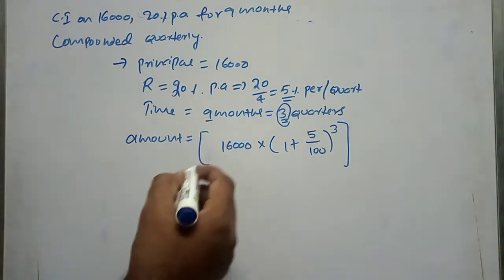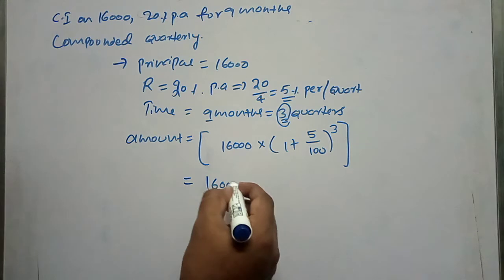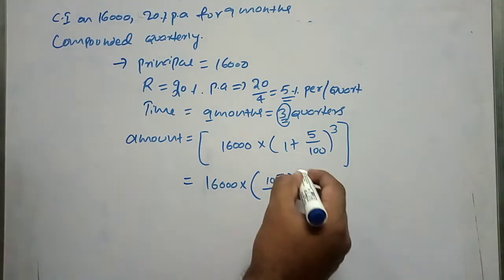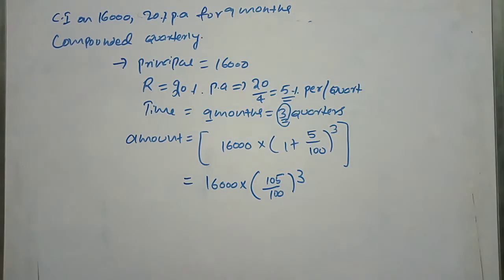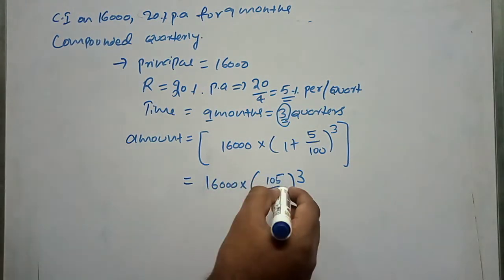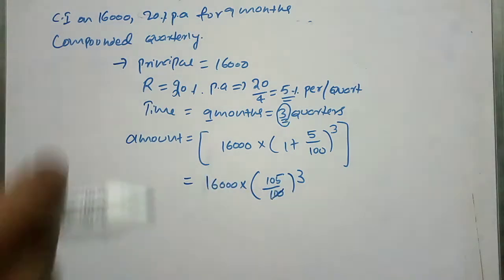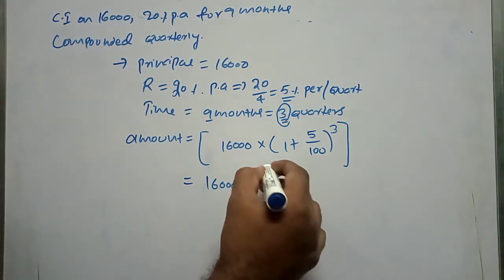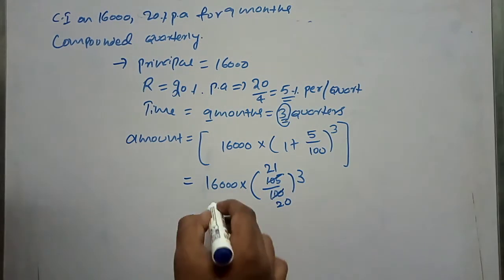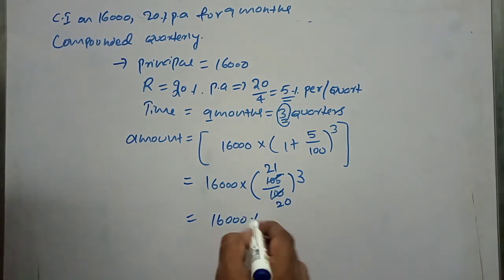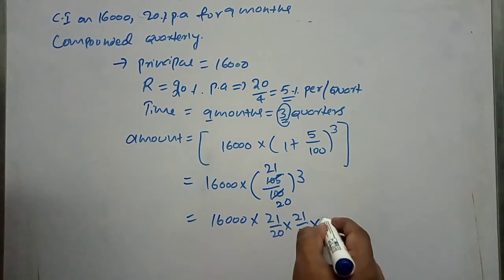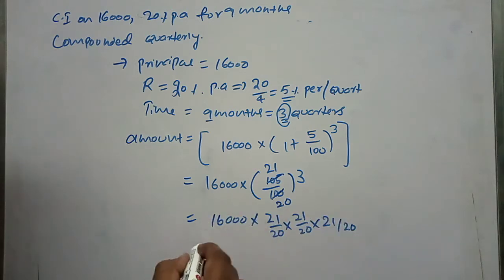So we are going to solve this in an easy way, right? 16,000 times 105 divided by 100, power 3. So how much does it come to? I can say 16,000 multiplied with 21/20, 21/20 and 21/20.